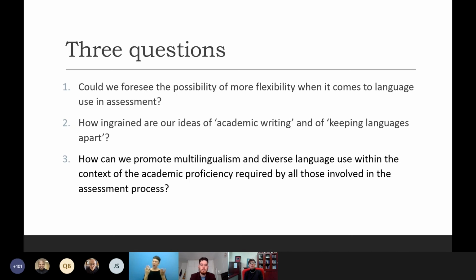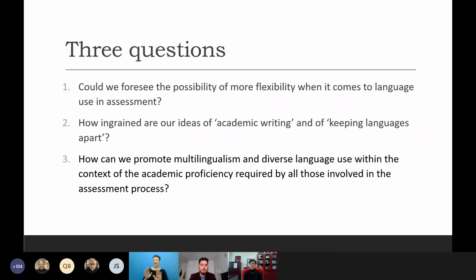So it has to do with tolerance, but it also has to do with this perception that we need to keep languages separate. And this is not just a perception among lecturers, it's very much a perception among students too, that I've seen in my research.